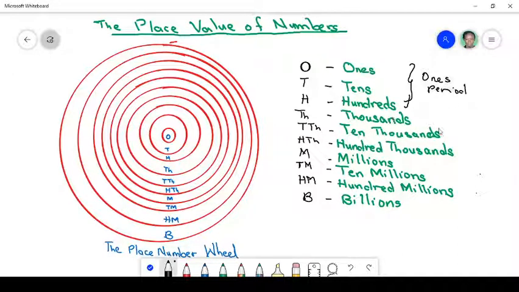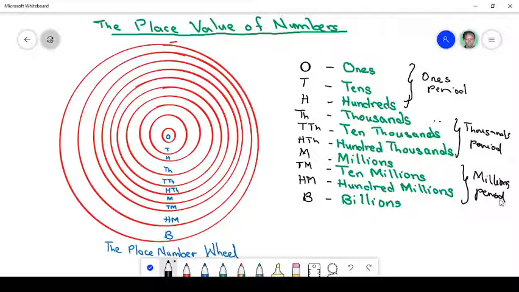And your next 3 digits, from your thousands to the 100,000, belong to your thousands period. Then your millions to your 100 millions belong to the millions period as well. Then you have the billions and the trillions.